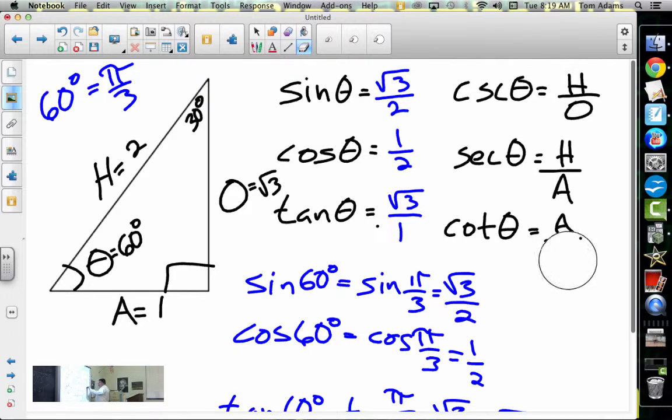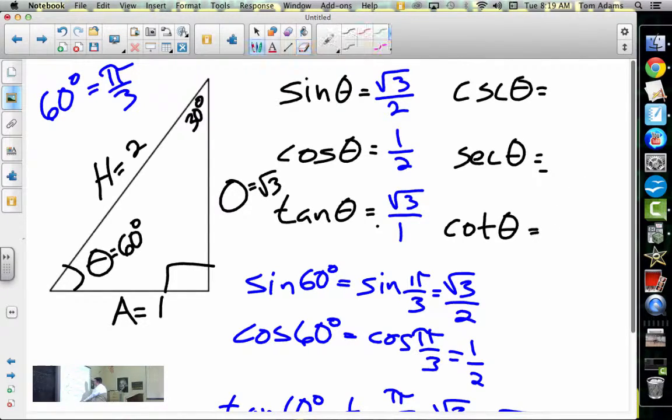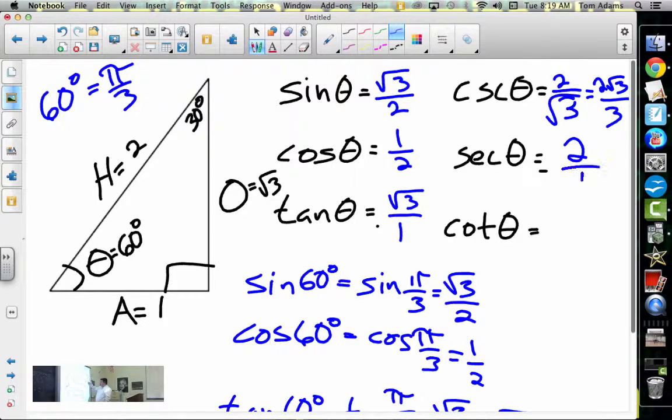So, since these are just the reciprocals, in this case I would have root 3 over 2. And when I hit the top and bottom with the square root of 3, I would have 2 root 3 over 3. This would be 2 over 1. And this would be 1 over root 3. Again, when I hit the top and bottom with the square root of 3, I get root 3 over 3. Okay?